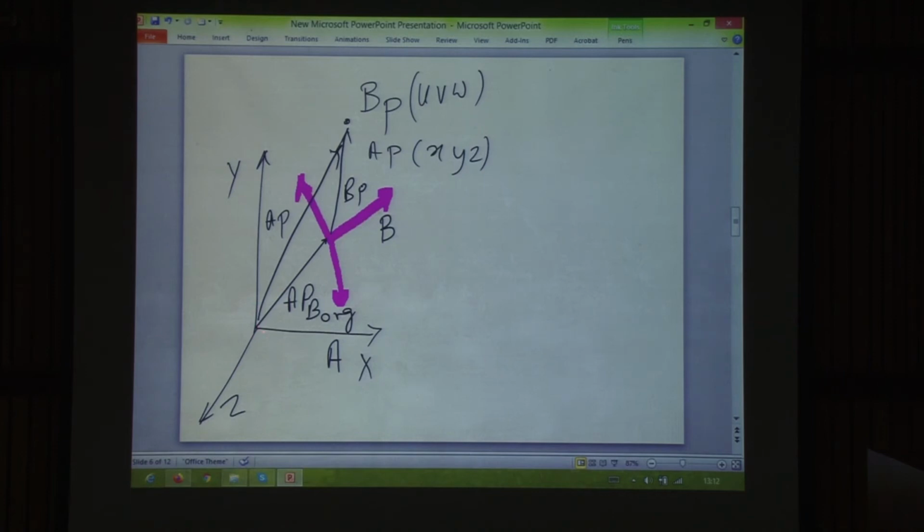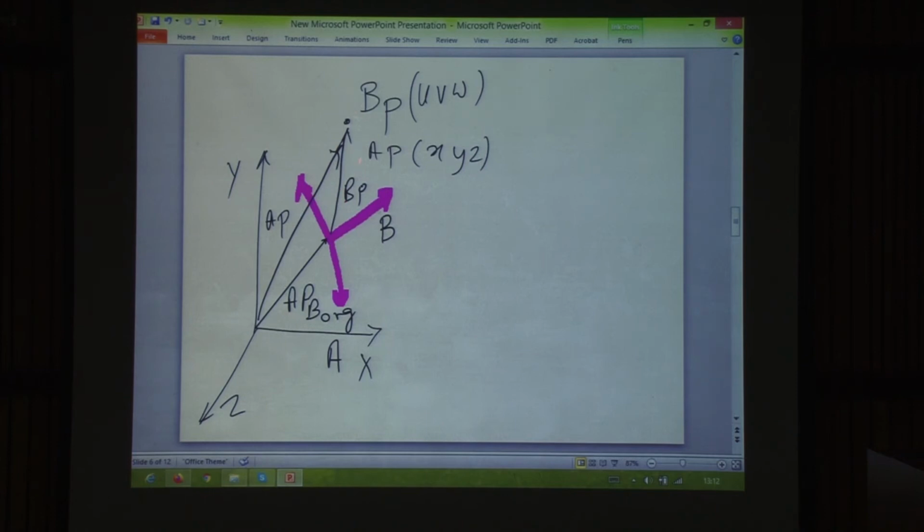So, we have two origins, one origin here, another origin there, and the distance from here to here is given by this vector here. So, point P, the distance between origins of frame A and B, ORG stands for origin. This is the vector AP, meaning point P expressed in A is called AP, so it's this vector.